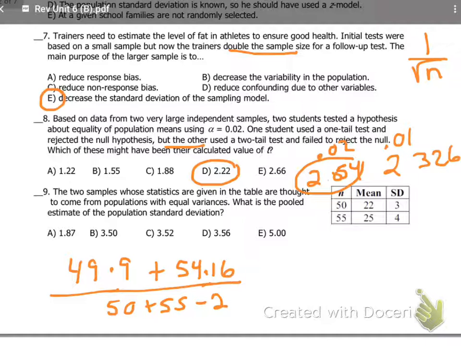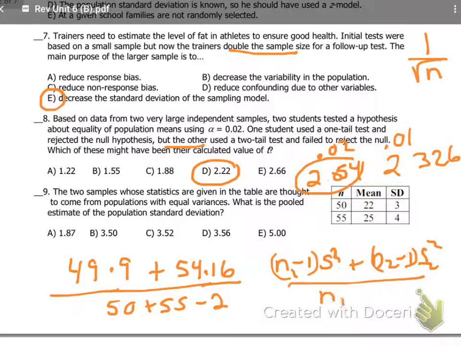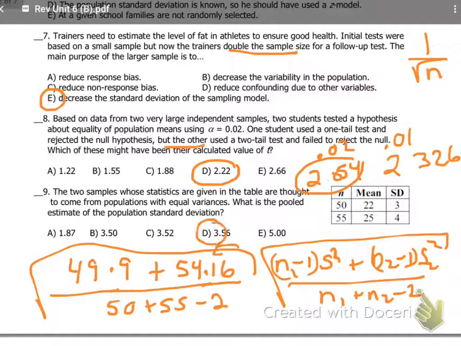But anyway, the formula is n1 minus 1 times the standard deviation of 1 squared plus n2 minus 1 times the standard deviation of 2 squared, and then n1 plus n2 minus 2, and then you take the square root. Okay, so over here I have the numbers. So you take the square root, all of that, and then you get option D.